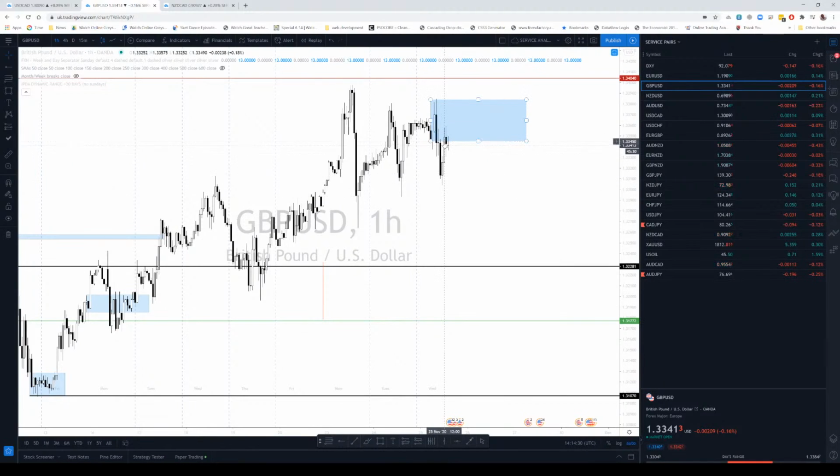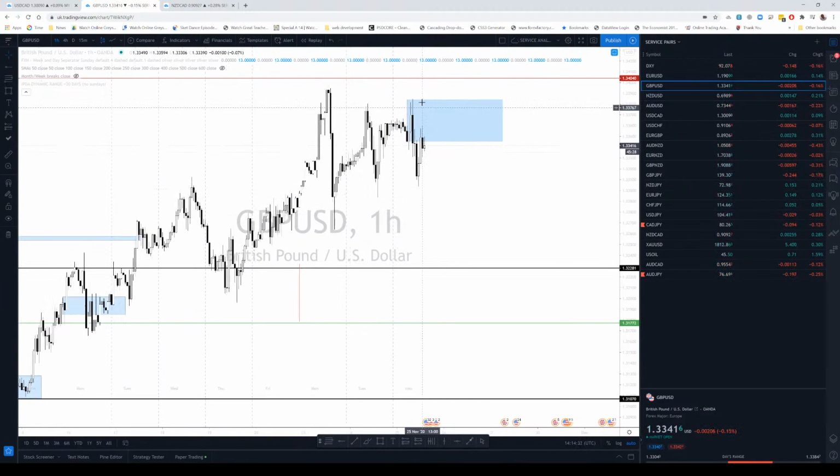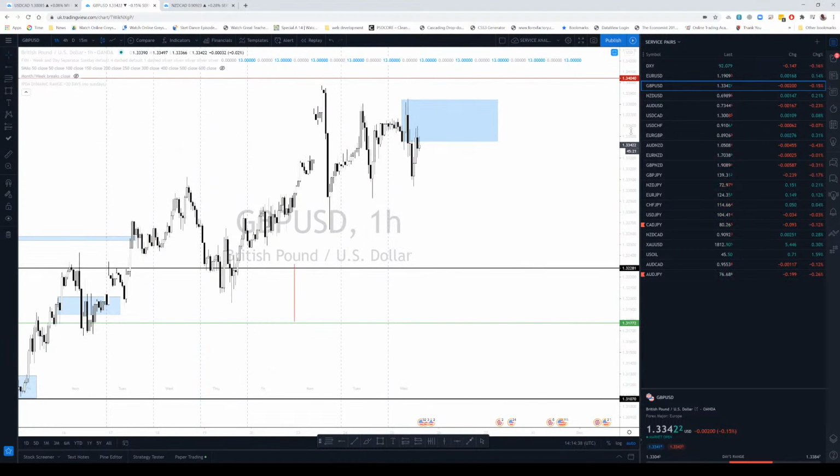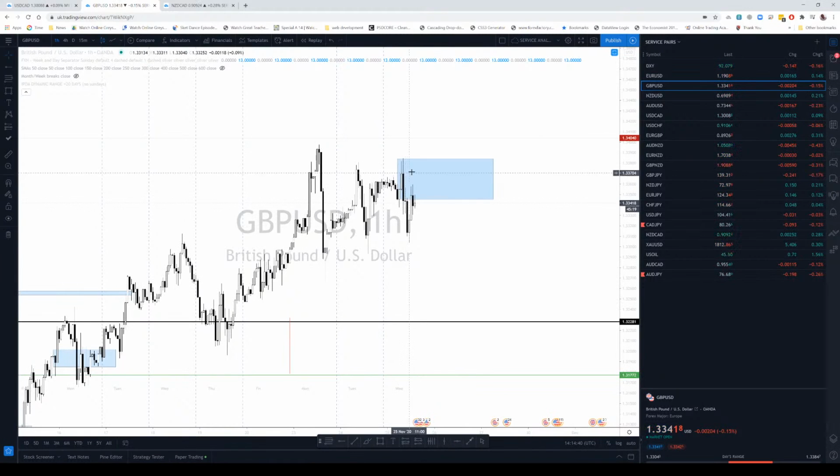So for a good entry, you might have to wait for price to break or close above this high, and then you can look for longs. Okay, so on this one, wait for price to close above this high, then you can look for longs, because we are stuck below this breaker and bearish order block, so price is not moving anywhere.